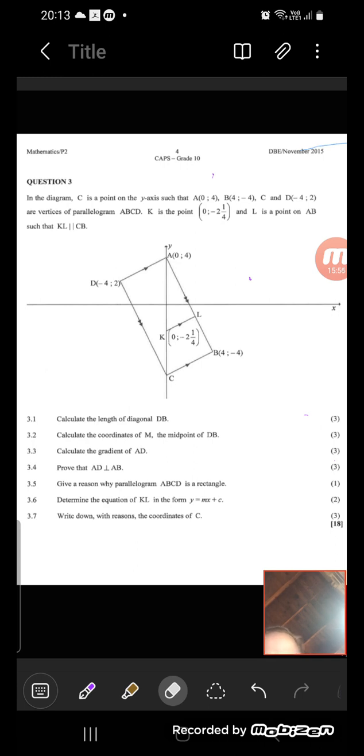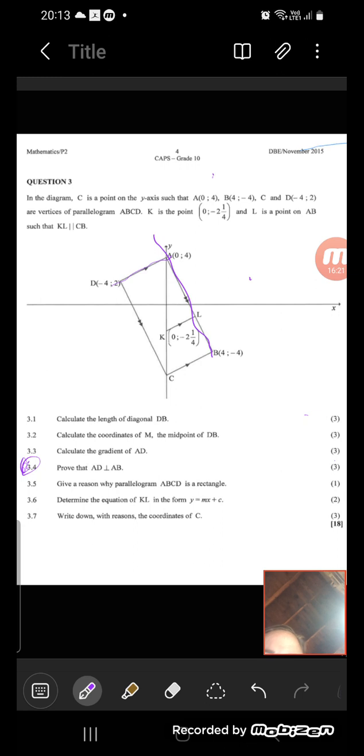Number 4. Let's see. Prove that, this is the 4th formula. Yay. That's so awesome, of the formulas that we wrote down anyway. Prove that AD is perpendicular to AB. So prove that it's perpendicular.